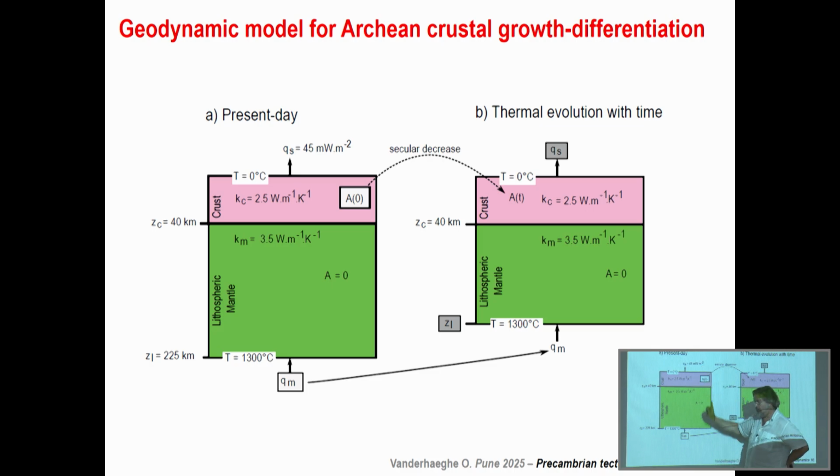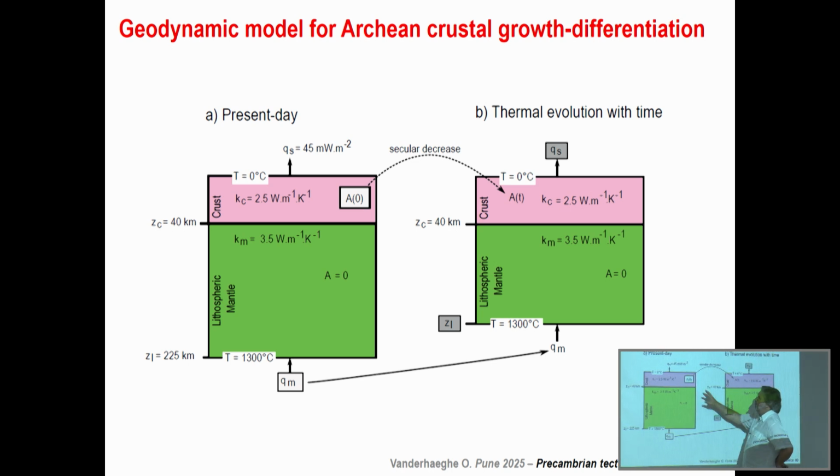The surface heat flux is the flux that comes from the mantle, is conducted through the lithospheric mantle, to which is added the heat produced in the crust. And that adds up to the surface heat flux. The surface heat flux today is 45 milliwatts per square meter for most cratons, so that's an average value.